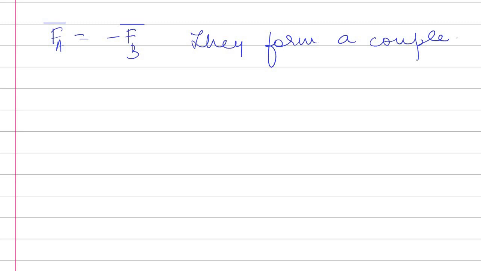Therefore torque, which is tau bar, would be equal to d bar cross F bar, where d is the perpendicular distance between the two opposite forces.